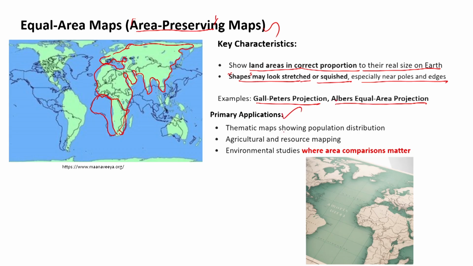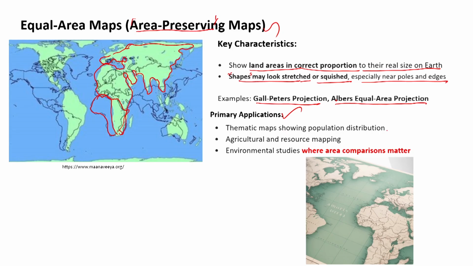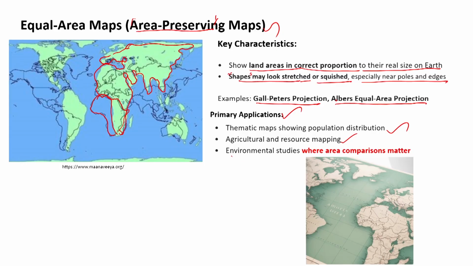The primary application for equal area projections is thematic maps showing population distribution, agriculture and resource mapping, because all these come under area calculation. We are not going to compromise with the area, and also in environmental studies.